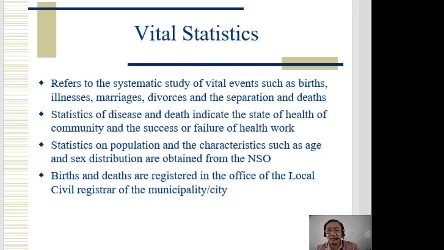Statistics on population and the characteristics of the population, for example the age brackets, the sex ratio, top morbidity cases, top mortality cases, and the rest of its characteristics are usually obtained from the NSO, especially if you're talking about nationwide statistics.